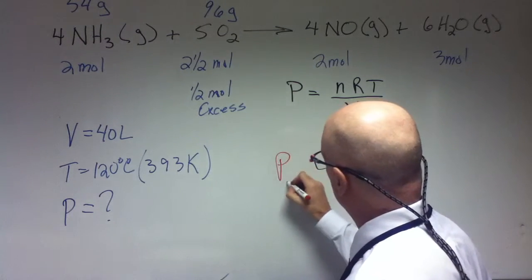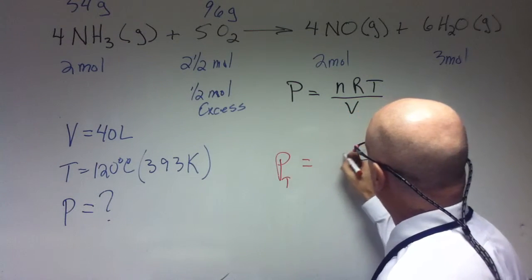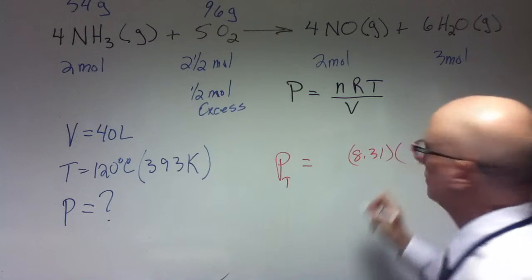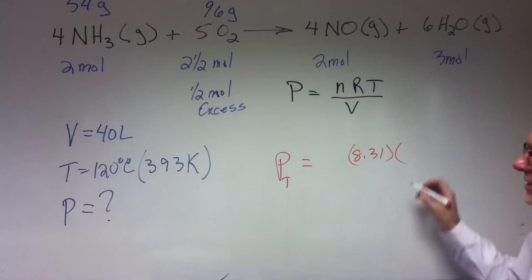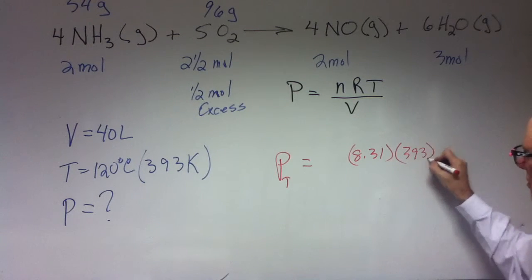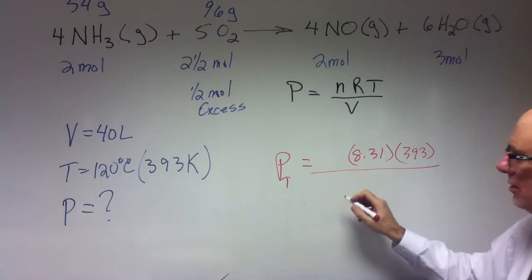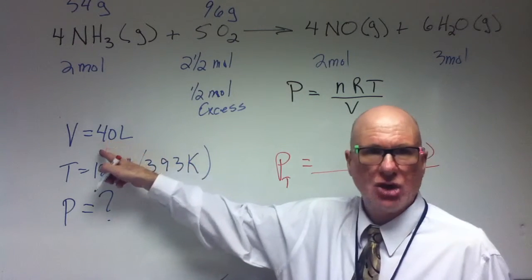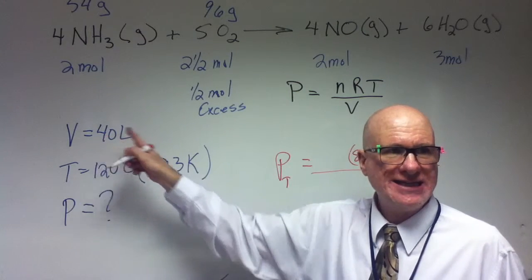The total pressure is going to be equal to nRT over V. 8.31 is R. T is going to be 393. And V, remember, it's a closed, rigid container.